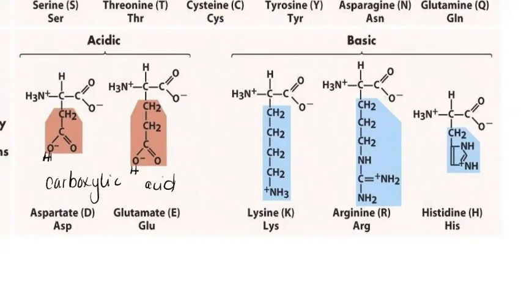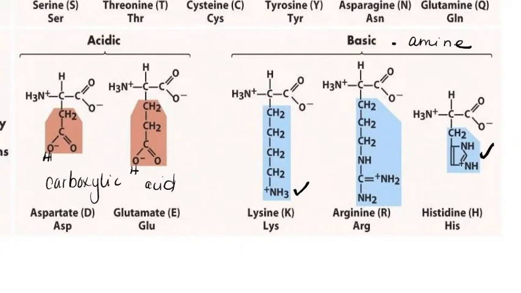Okay. When it comes to the basic amino acids, the functional group that we're going to see is an amine. We can see a primary amine here because the nitrogen only has one carbon chain. And we have here a cyclic system with nitrogens. This is what we called in organic chemistry a heterocyclic amine.